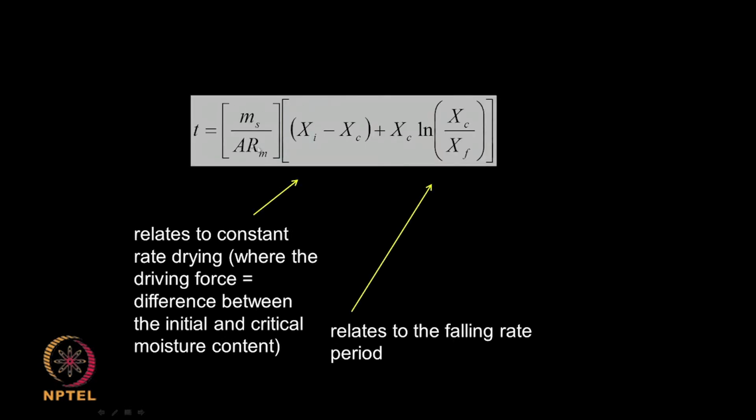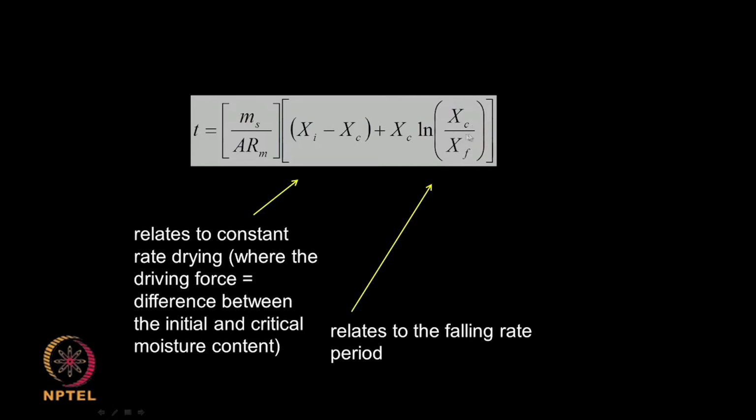Generally there is an equation like this. You have the rate of moisture removal as a function of A, and R is the constant rate of drying. Then you have two terms here, one relates to the constant rate and one relates to the falling rate.